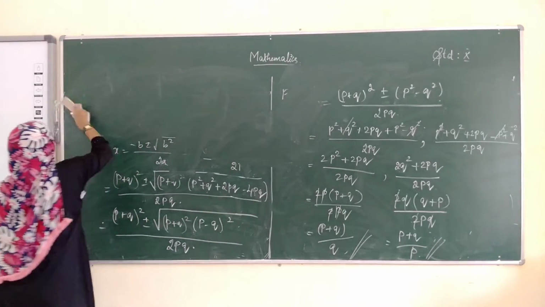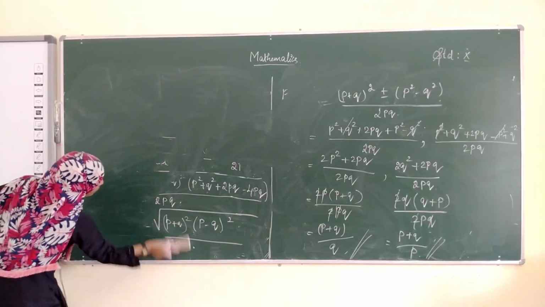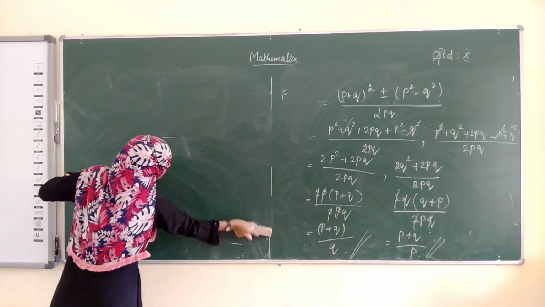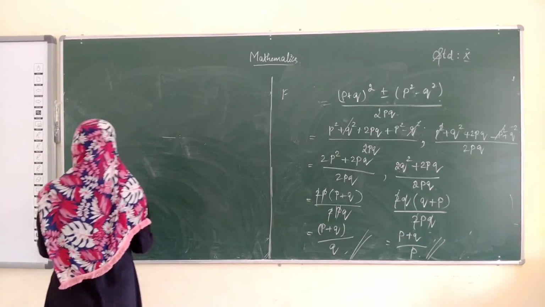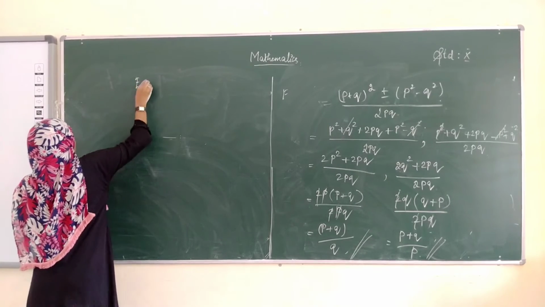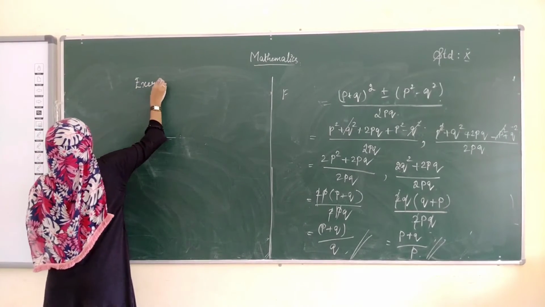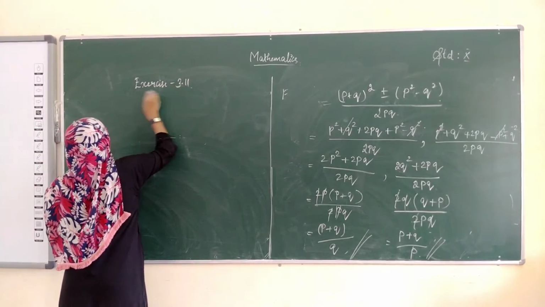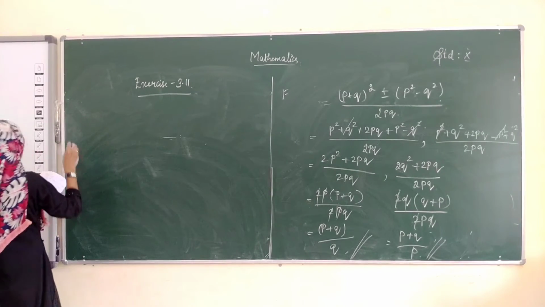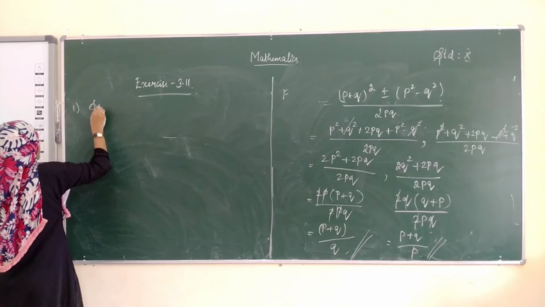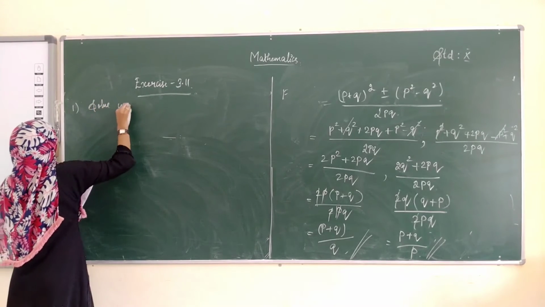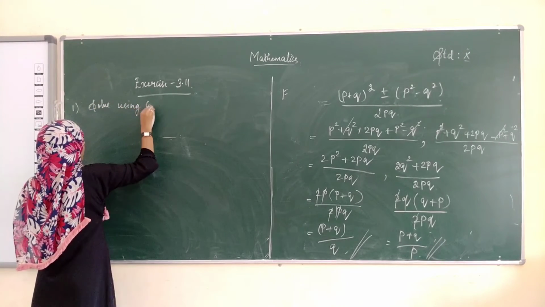Next, we are entering into the exercise following. That's exercise number 3.11. First question, what have they given? Solve the following quadratic equation using completing the square method.